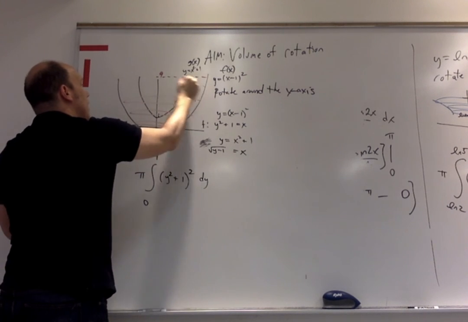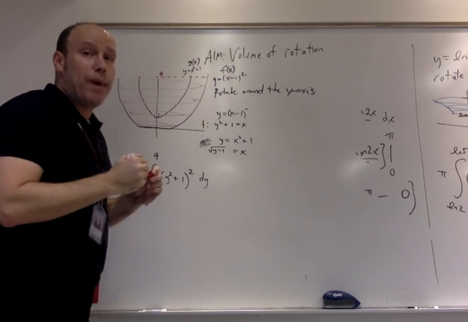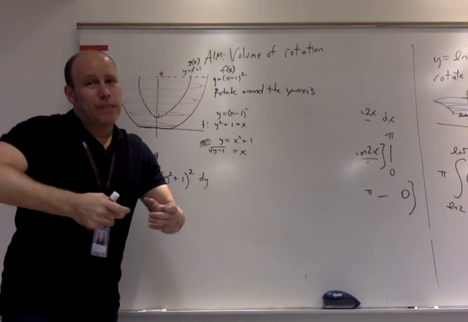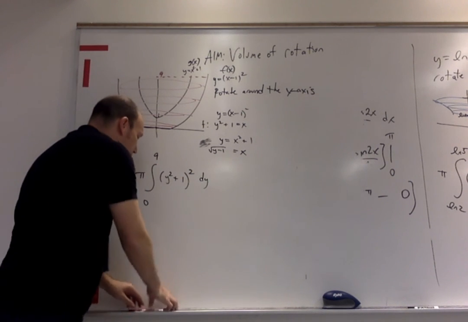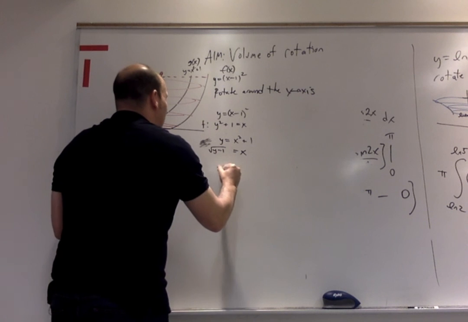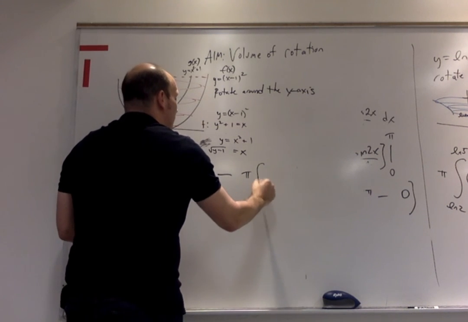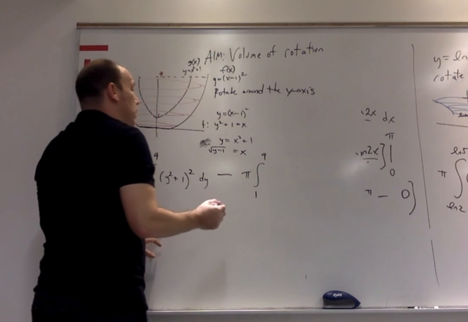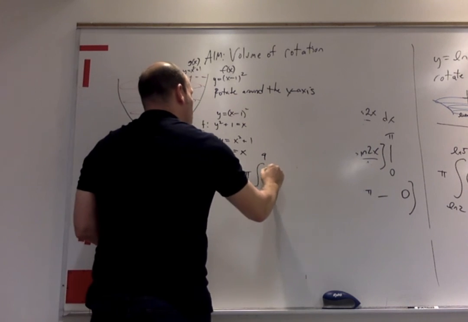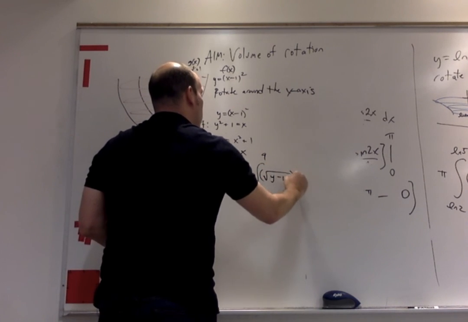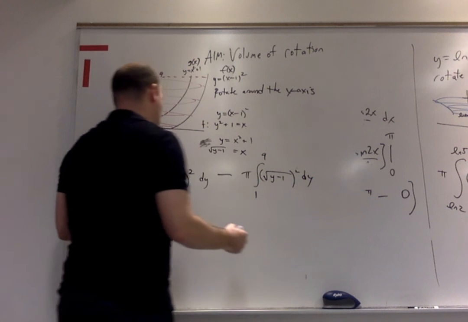But I want to scoop out the middle, the inside. I just need to know how much clay to make. So I need to take away that inside part. That's from 1 to 9 of the square root of y minus 1 squared dy.